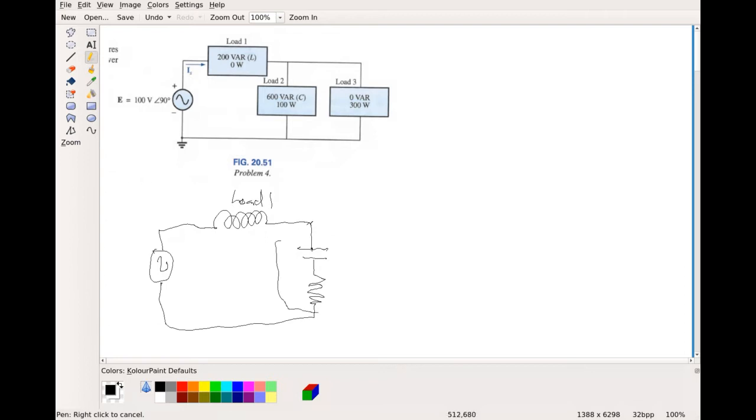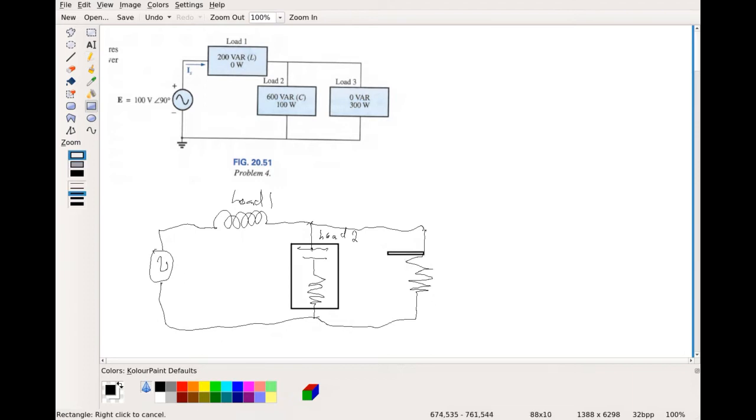This is load 2. And then this over here is just a resistor. So that is what they are telling us in this problem.